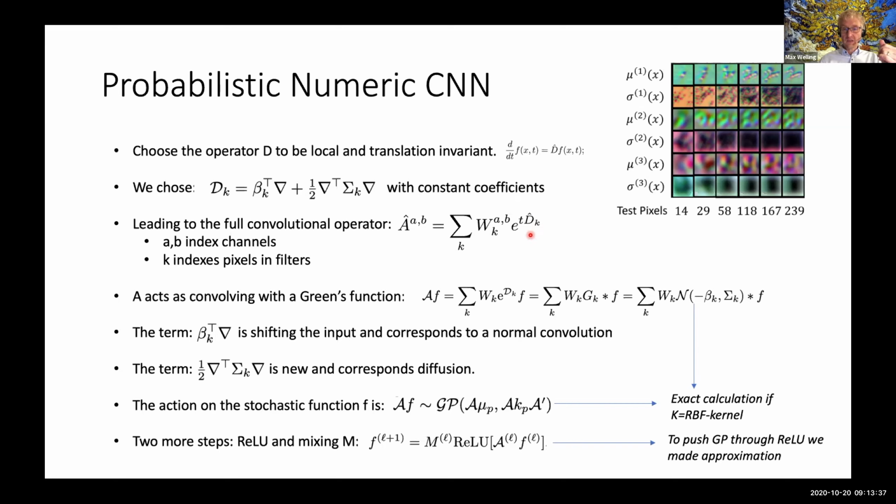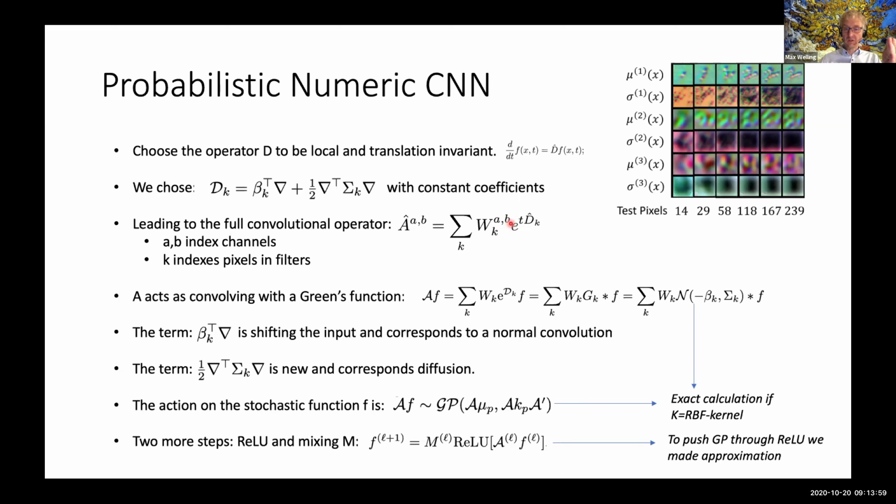So we're going to have a whole bunch of these operators consisting of different parameters, beta and sigma here. And we're going to have some weight value here, which combines these operators using different weight values for different channels, right? So A and B are now the channels of a neural net.